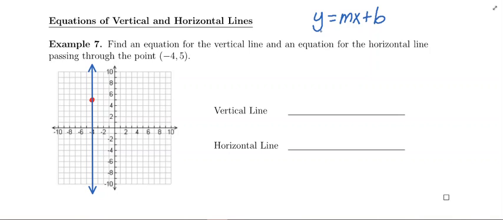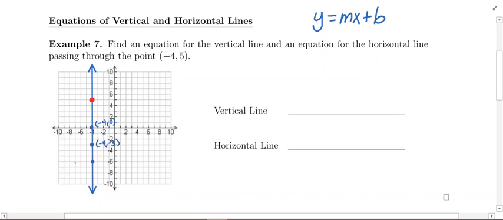Here's what I want you to do. Pick random points on this line and write down their coordinates. I'm going to go right here. This is -4, 0. Again, I'm just picking random points. This point is -4, -3.